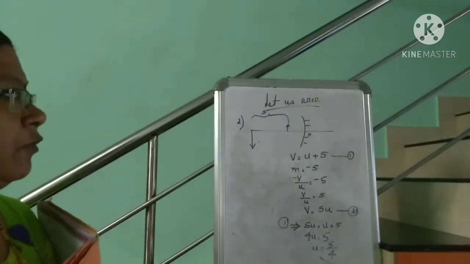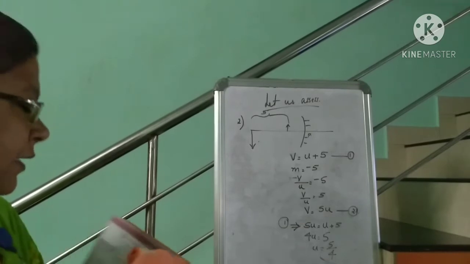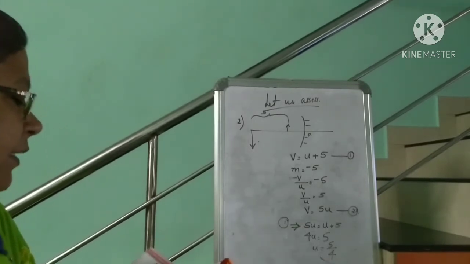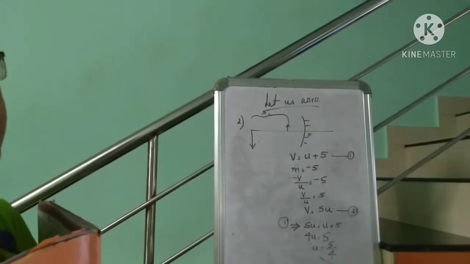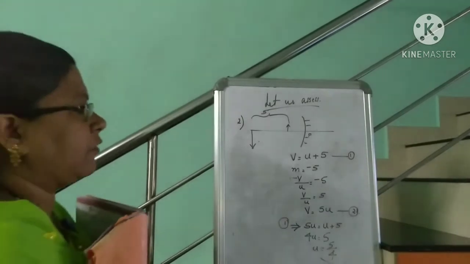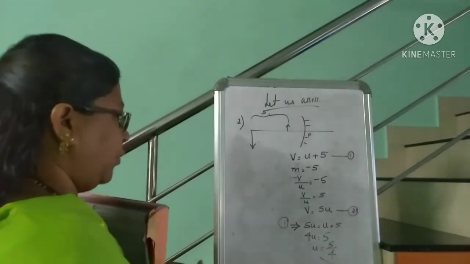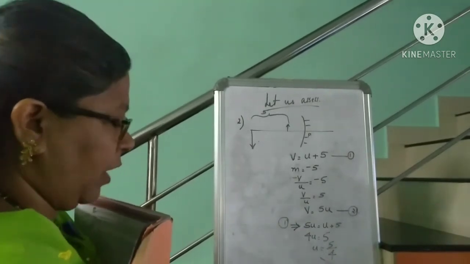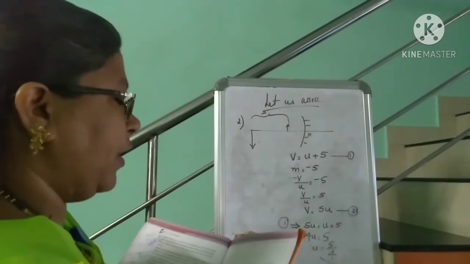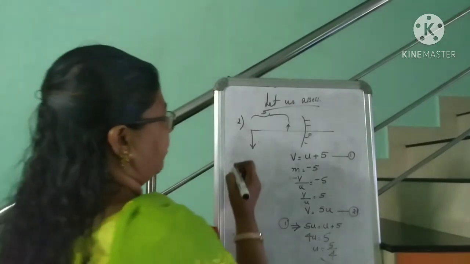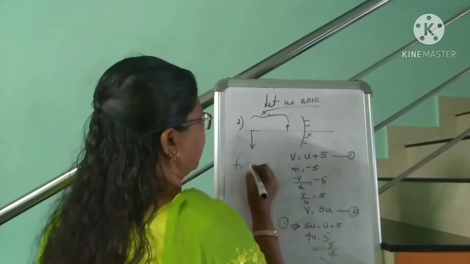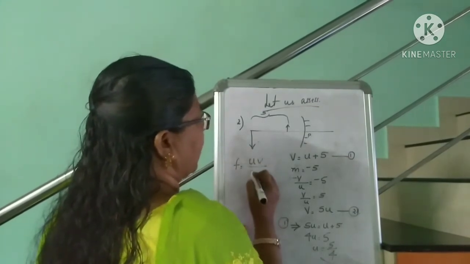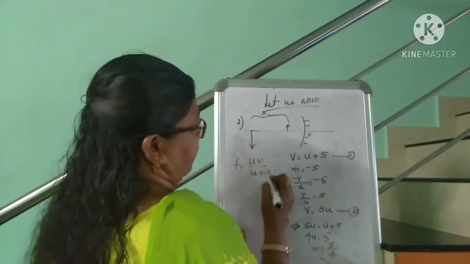Now what is asked? The question is, what is the focal length of the mirror? How will you find the focal length of the mirror? F is equal to uv by u plus v.